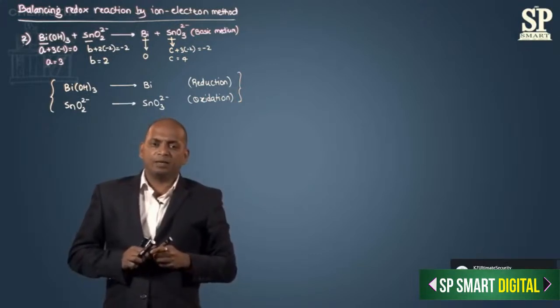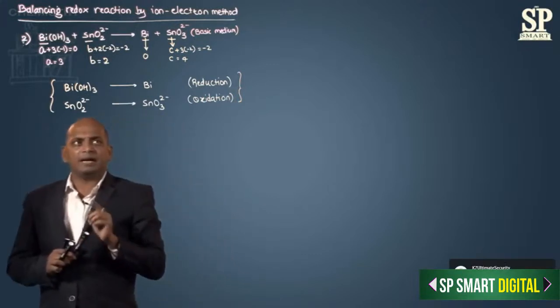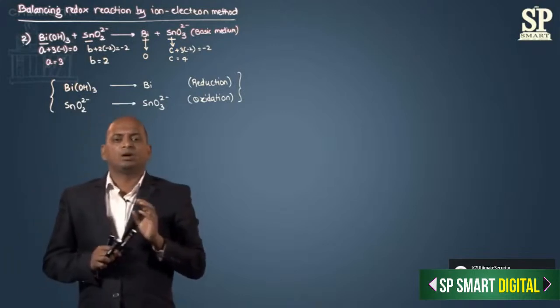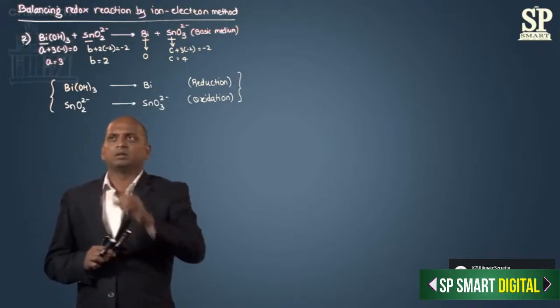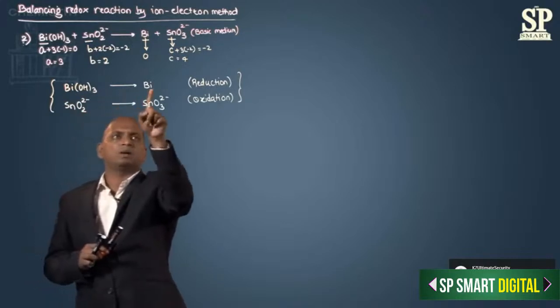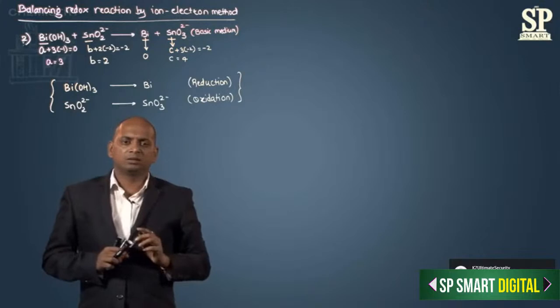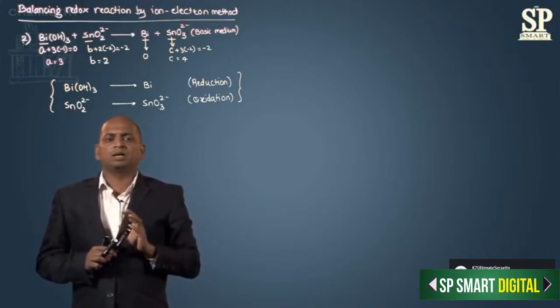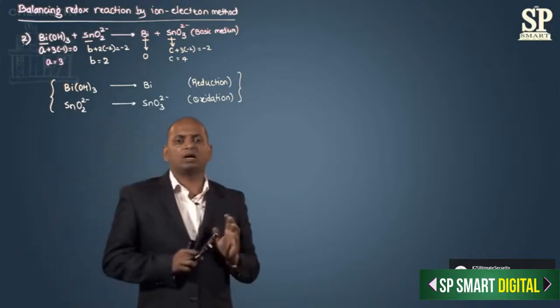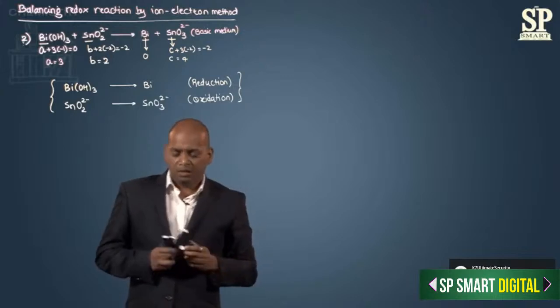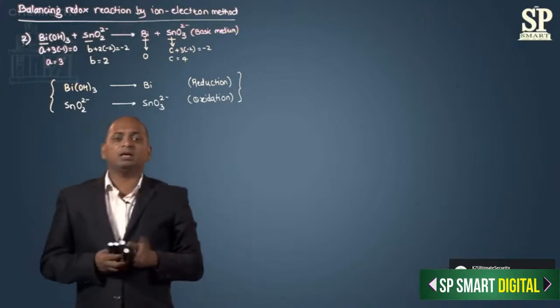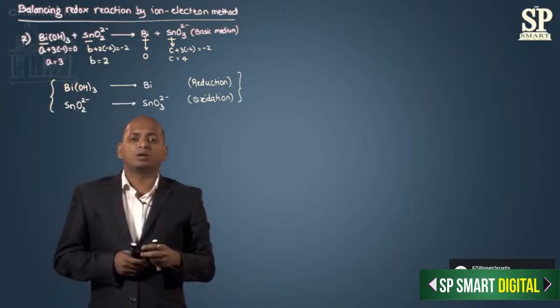The next step is to balance the atoms other than oxygen and hydrogen. One bismuth, one bismuth. One Sn, one Sn. So, the atoms other than oxygen and hydrogen are balanced. Now, we will go for balancing the number of oxygen atoms.